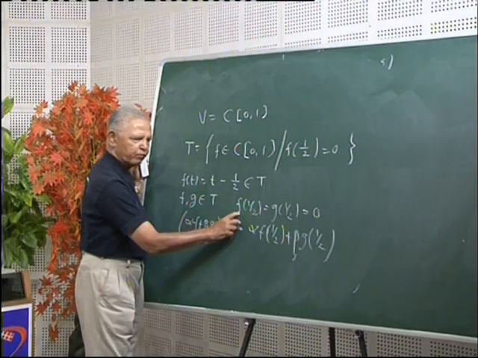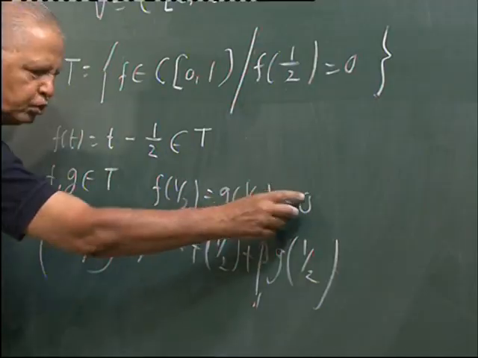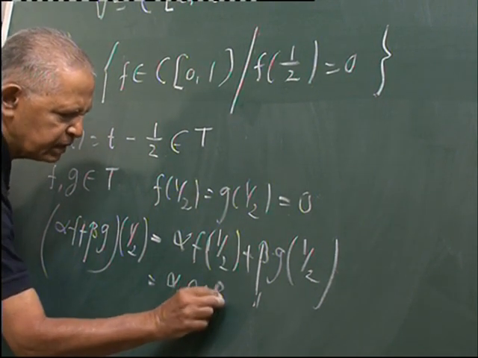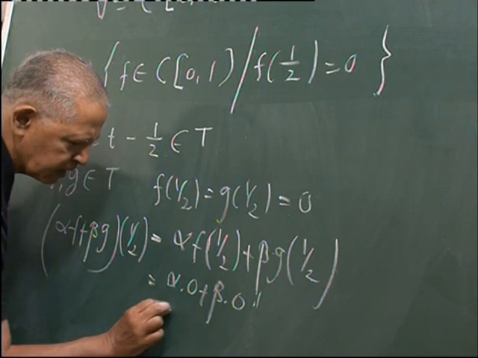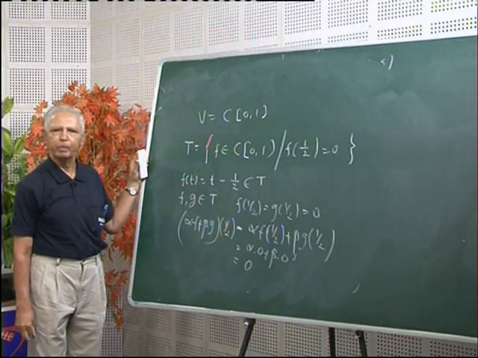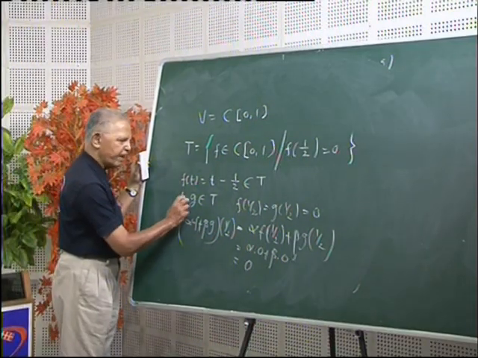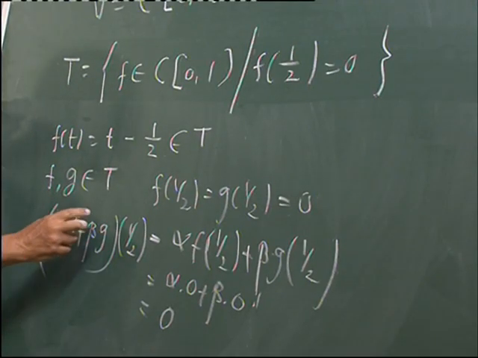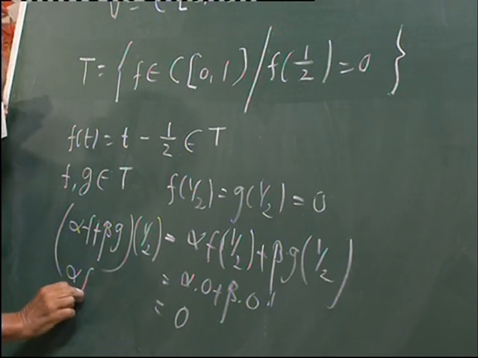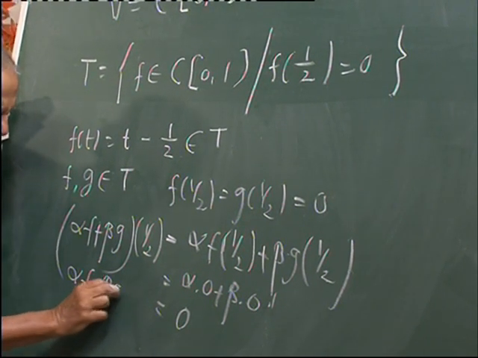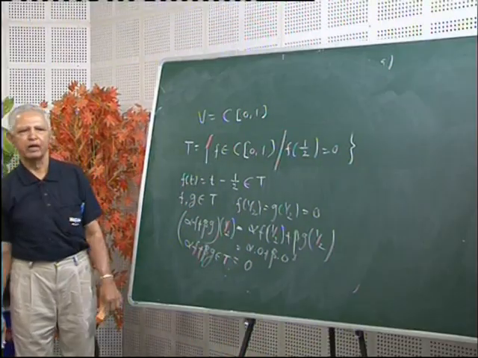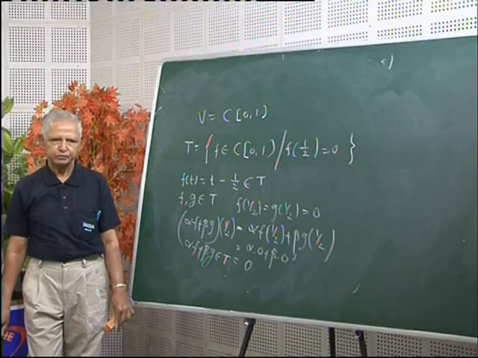Putting the values of f(1/2) and g(1/2), here we get alpha into 0 plus beta into 0, and that implies it is equal to 0. That means, whenever f and g both belong to T, then for scalars alpha and beta, alpha f plus beta g also belongs to T, and that implies T becomes a subspace.